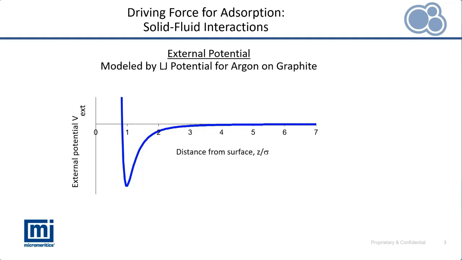The gas-solid interaction potential is called an external potential. For porous material, the external potential is defined by the solid structure and the shape of the pores.